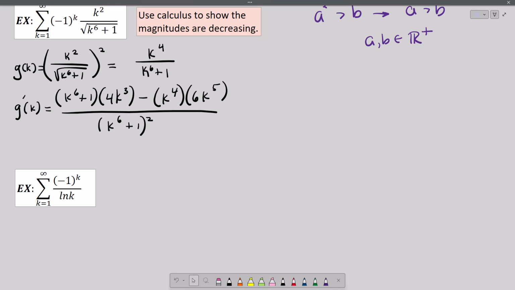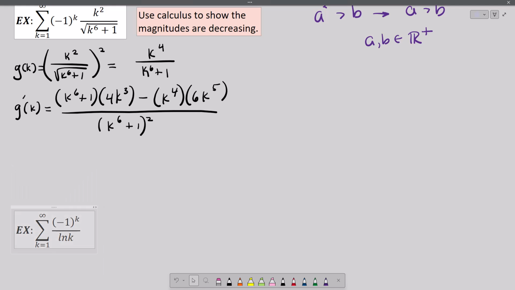So then we just have to combine the like terms in the numerator. And what are we trying to show this is? Yeah, we're trying to show that this is negative.